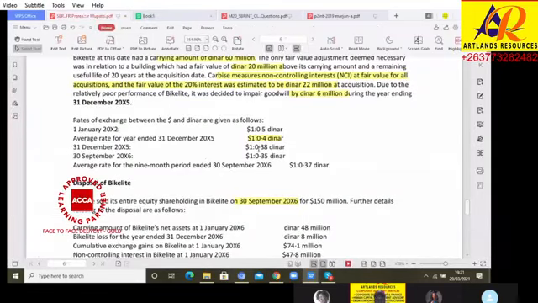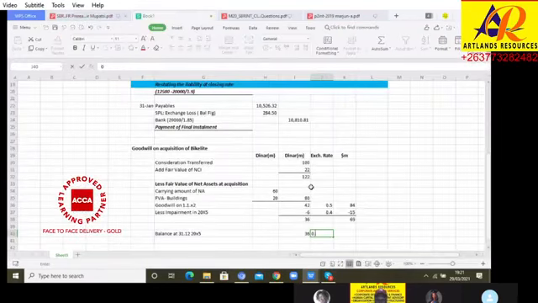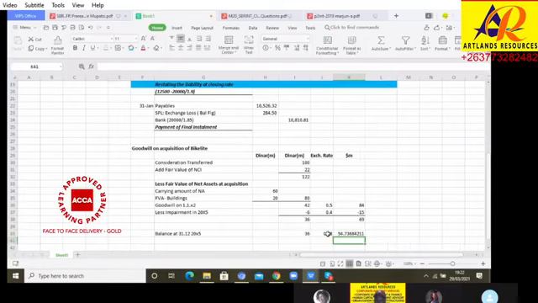Closing rate at 31 December is 0.38. So I use 0.38 like this. So I then say 36 divided by 0.38. Notice it's now 94, meaning it has increased from 69 to 94. So there is an exchange gain here.